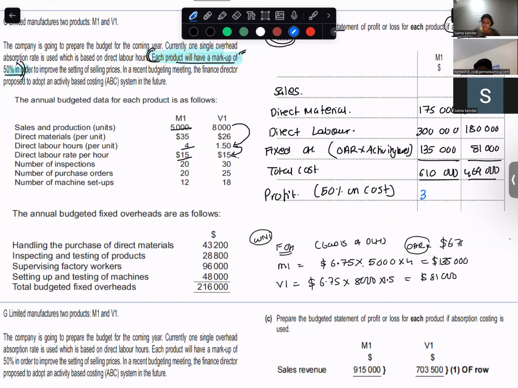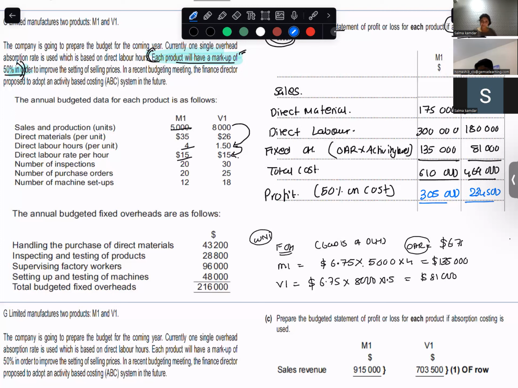So this will become how much? 305,000 and 234,500.